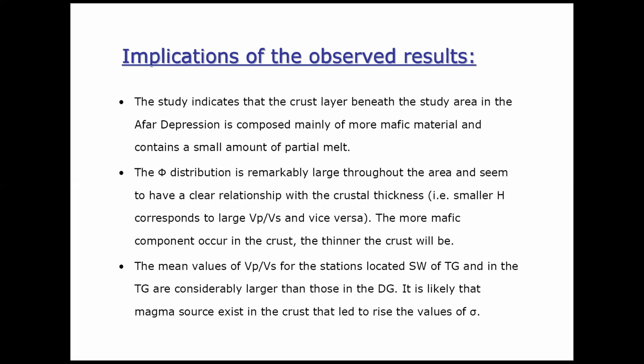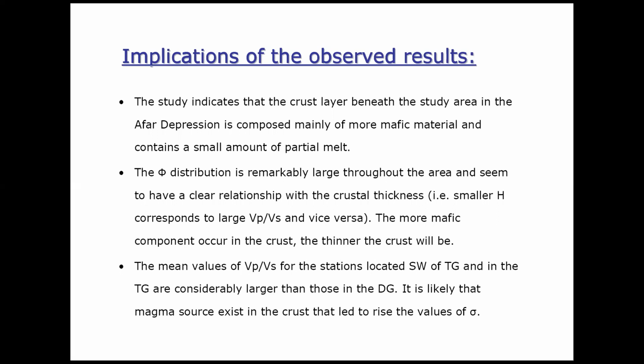The phi distribution is remarkably large throughout the area and seems to have a clear relationship with the crustal thickness, meaning a smaller H corresponds to large VP over VS and vice versa. The more mafic component occurs in the crust, the thinner the crust will be.